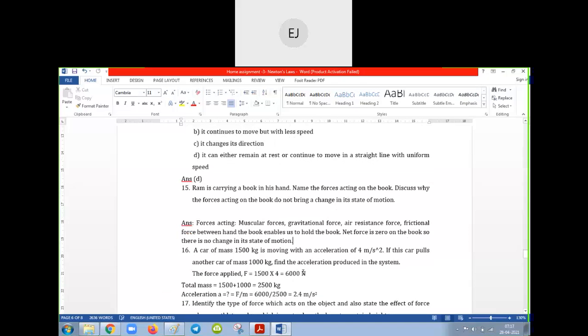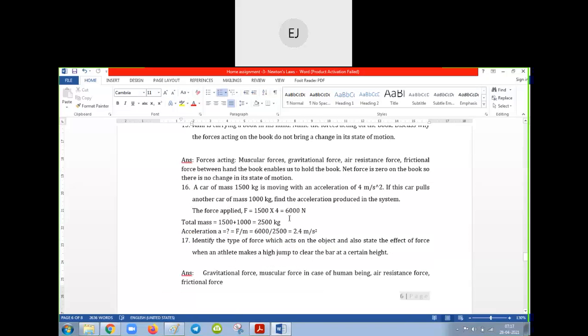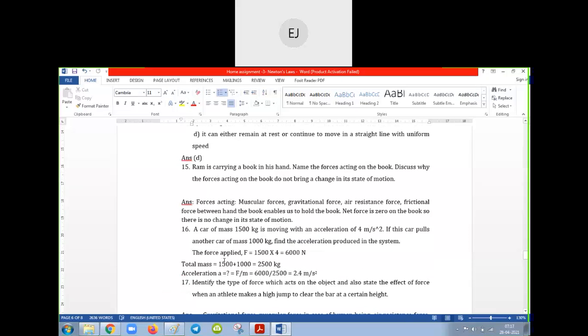The force applied is 1500 into 4, because mass into acceleration. But this force is applied on the total mass. So 6000 by 2500. So acceleration will be 2.4.